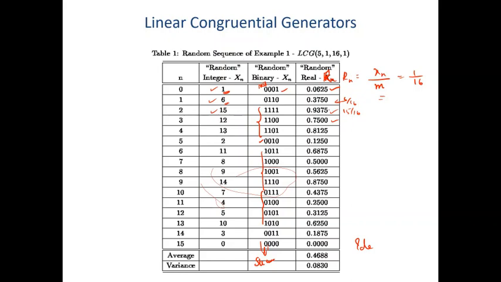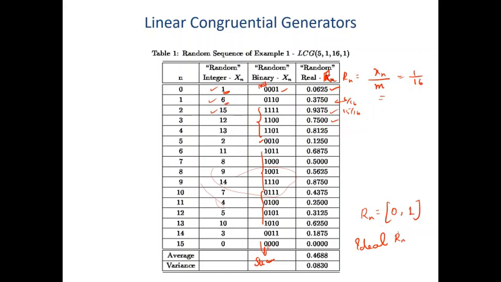Coming back to LCGs. As I was telling you, we compute the real number Rn using this. What should be the ideal value of Rn? Remember, Rn is a number which will be lying between 0 and 1.